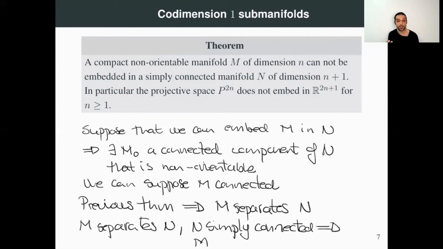That's another of the theorems that we already proved. And this is a contradiction because M, by hypothesis, is non-orientable. So we get a contradiction, and this completes the proof.